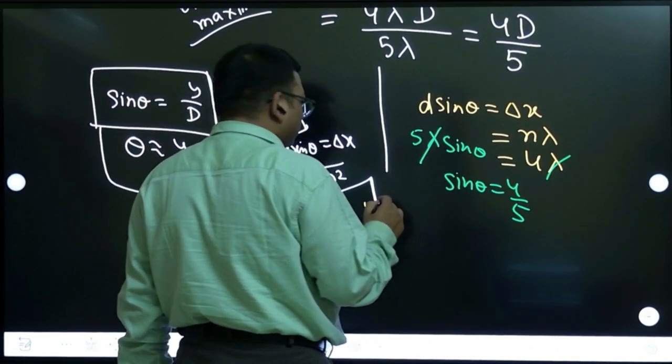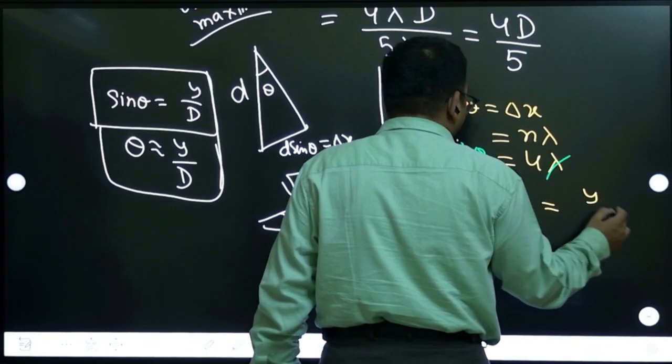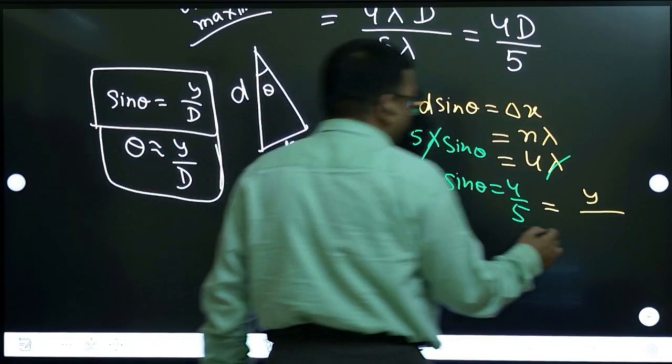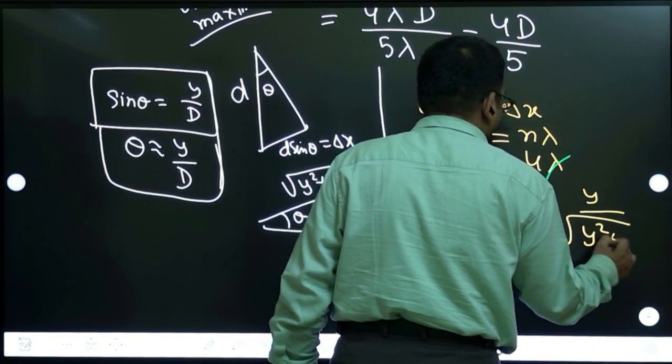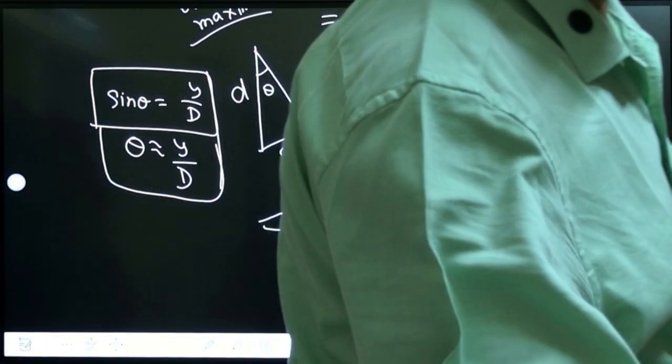So from this triangle, what is the ratio? Sin theta is y by root under y square plus D square, and it is 4 by 5. You need to solve this, but technically it is a different question.